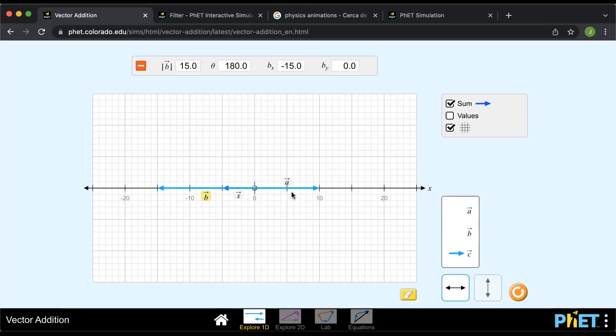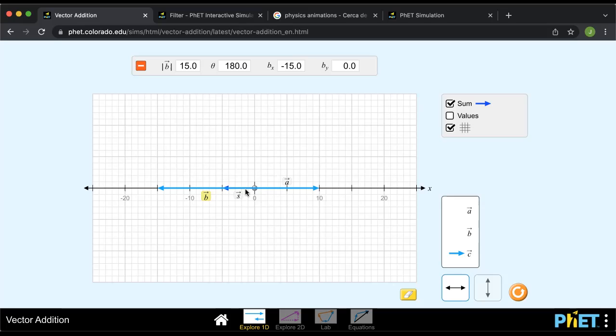And vector A has magnitude 10. So 10 minus 15 will be minus 5.